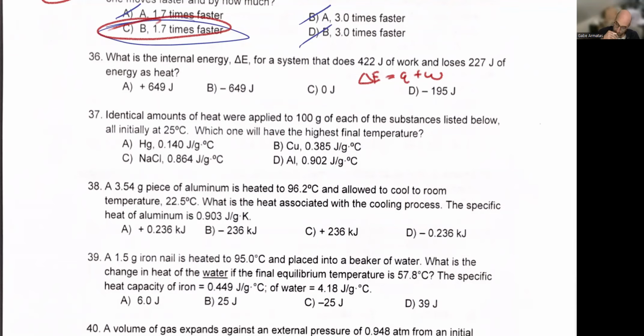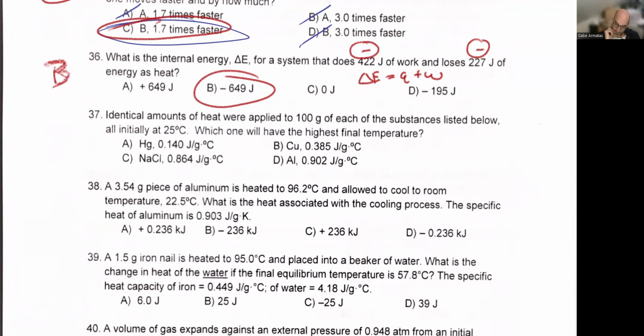So does work means it's doing work on the surroundings. That makes this negative. And it loses energy, going out of the system into the surroundings. It's releasing it. That's negative as well. Answer is B. That becomes a question of essentially the sign of those two things.